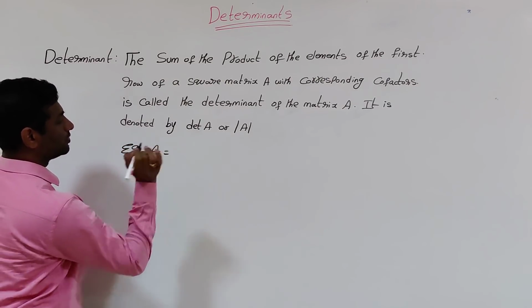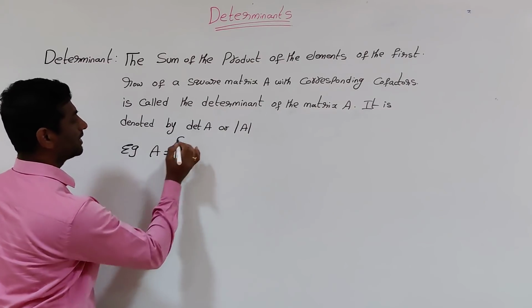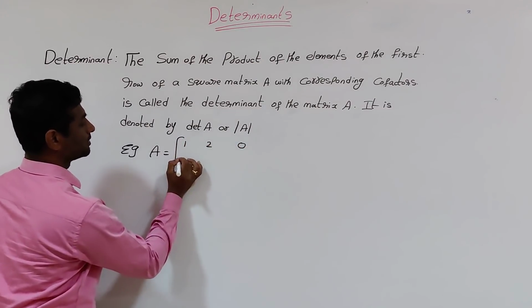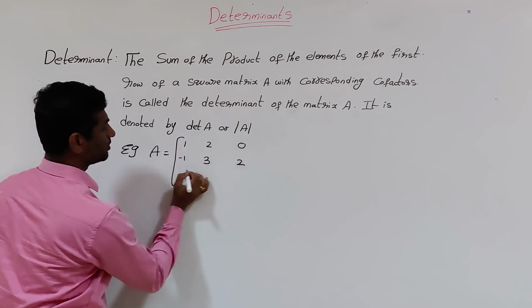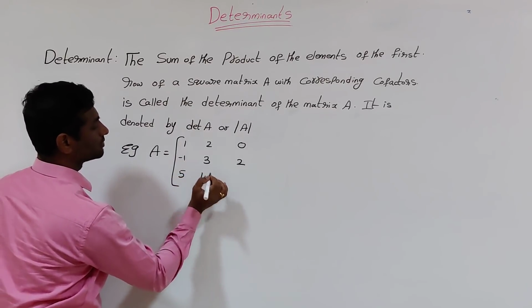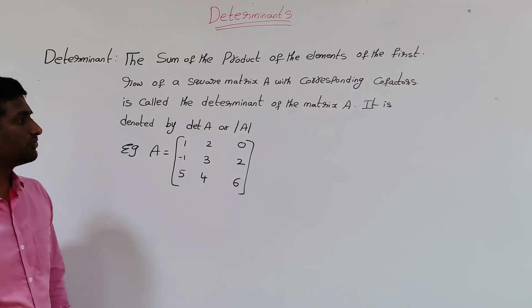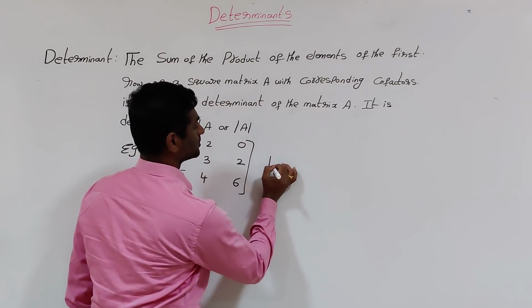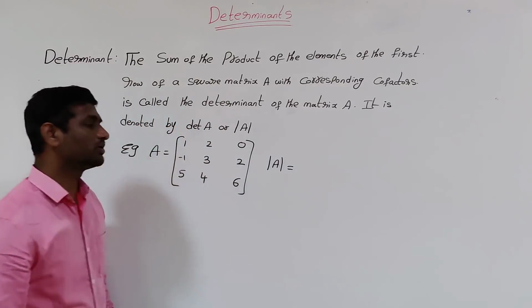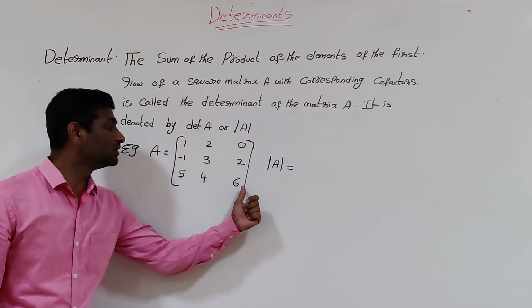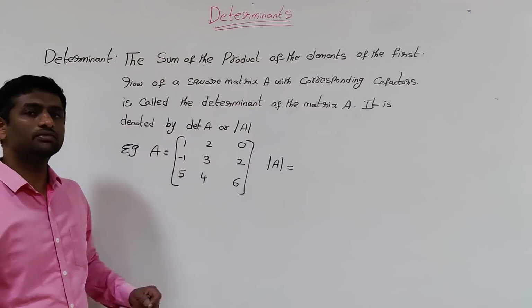A is equal to, if it is a square matrix, 1 2 0, minus 1 3 2, 5 4 and 6. Assume that it is a square matrix. Now we'll find out what is the determinant of A. So determinant of A. Now if I go with the third row, we'll see what is the definition.